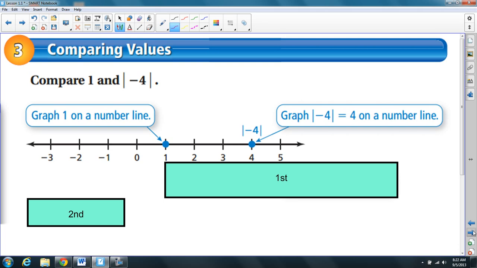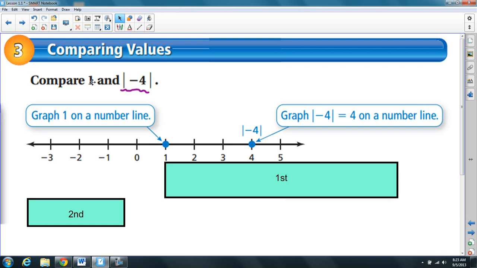Here we go. For this component, we're going to compare values. We're going to compare a positive 1 to the absolute value of negative 4. Remember what I told you before, that this is a question. So what we need to do before we even start comparing is put these two values on the number line.